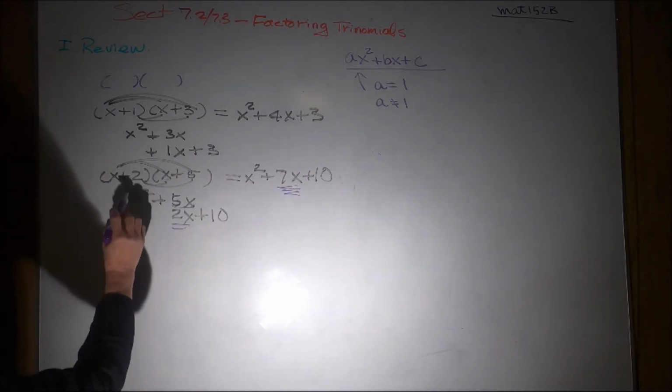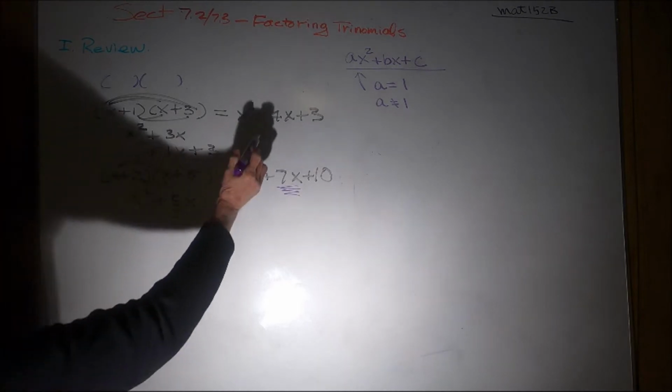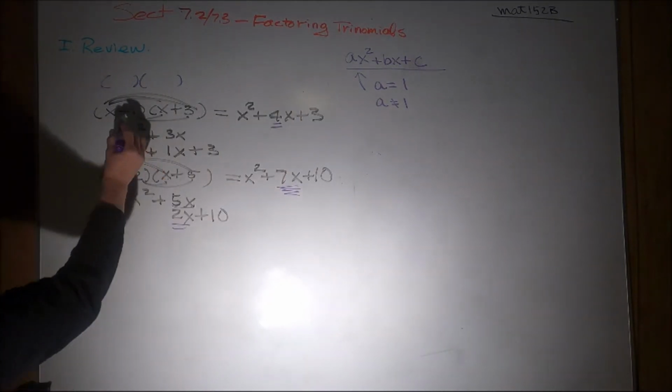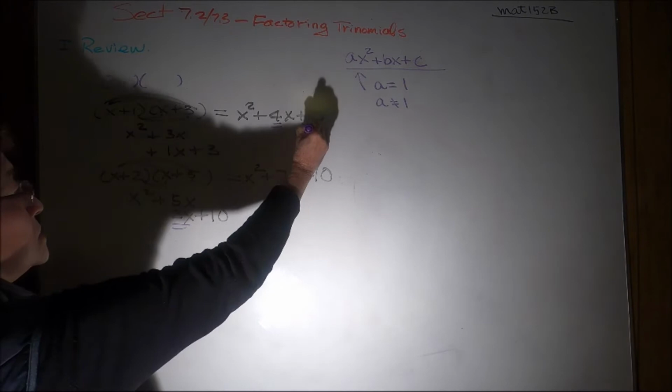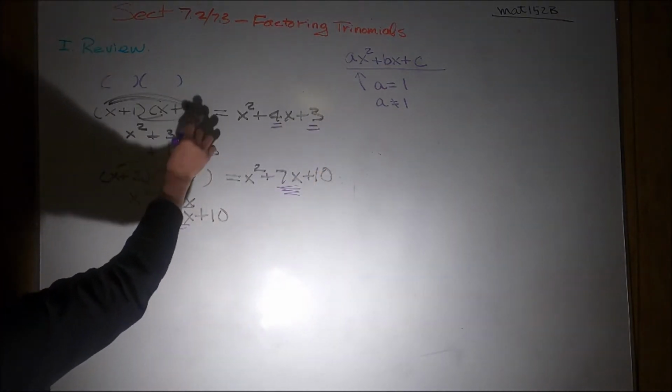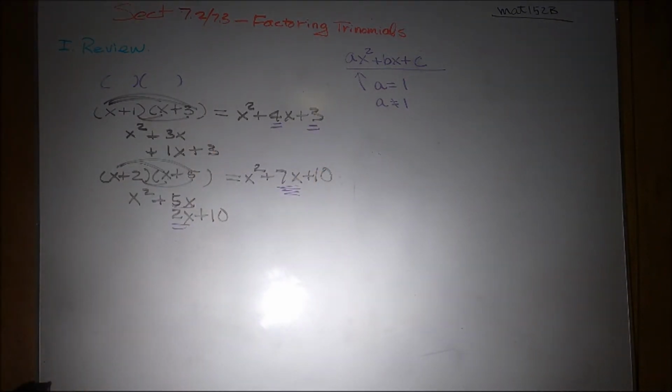Where is 7 from? 2 plus 5. Where is 4 from? Take a look. 4 would be 1 plus 2. The last term will be what? 1 times 3 when we multiply them, right? Now we are going to go backwards.